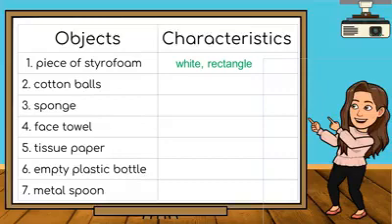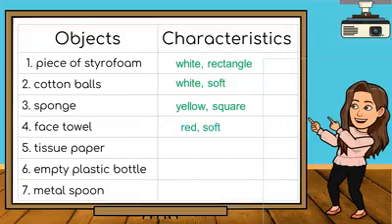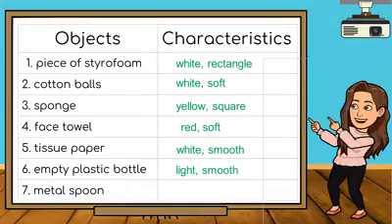White rectangle for a piece of styrofoam, white soft cotton balls, yellow square for sponge, red soft face towel, white smooth for tissue paper, light smooth for empty plastic bottle, silver hard for metal spoon.